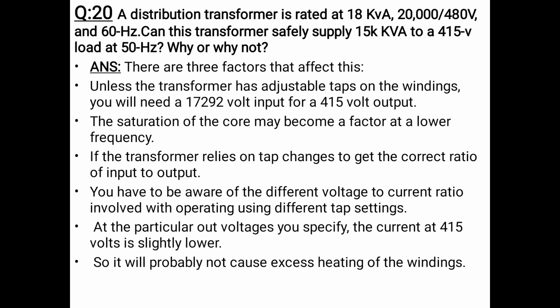If the transformer relies on tap changes to get the correct ratio of input and output at the particular voltage, you can safely supply the current at 415 volts. It is slightly lower, so it will probably not cause excess heating of the windings.